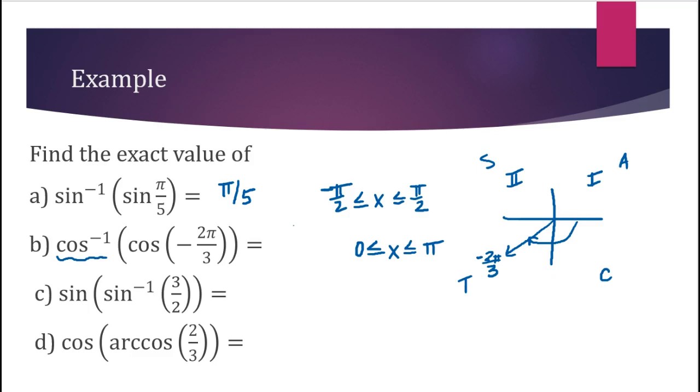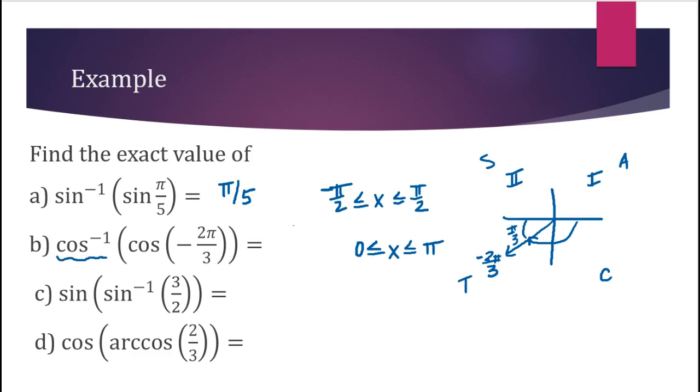So the reference angle is pi over 3 here. We're looking for the angle that's in the correct quadrant, either 1 or 2, that will give me the same cosine value as at negative 2 pi over 3.